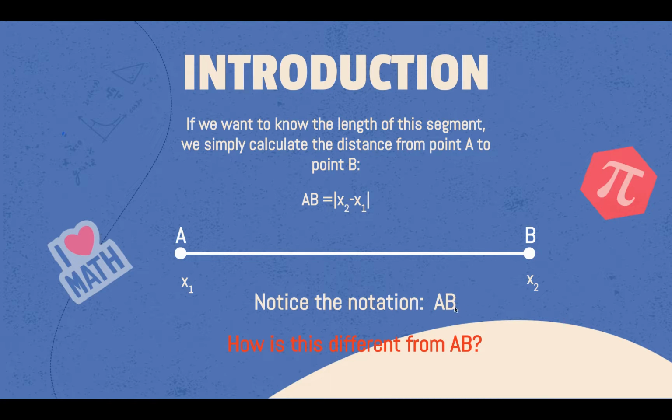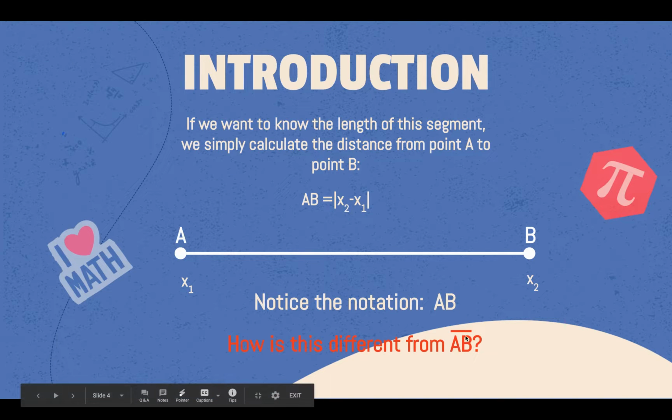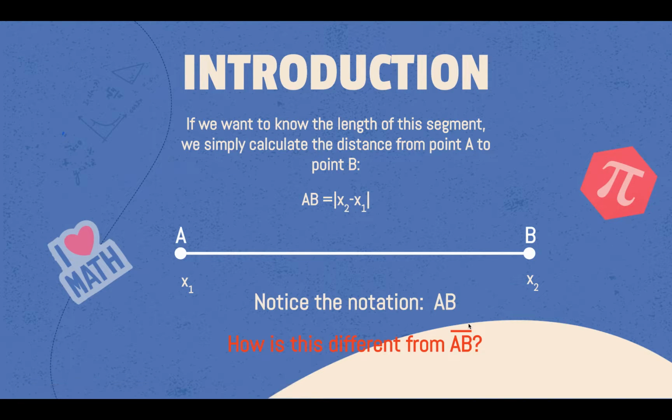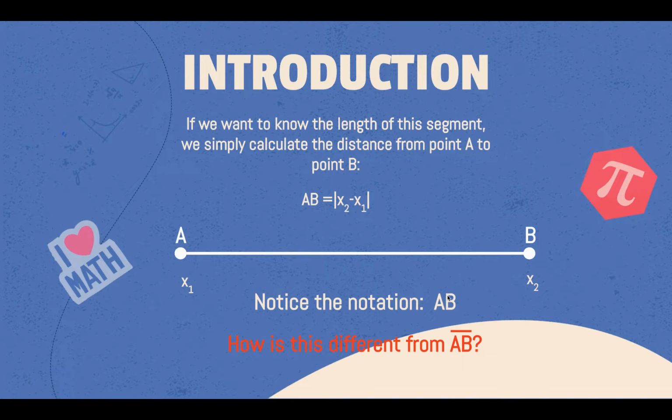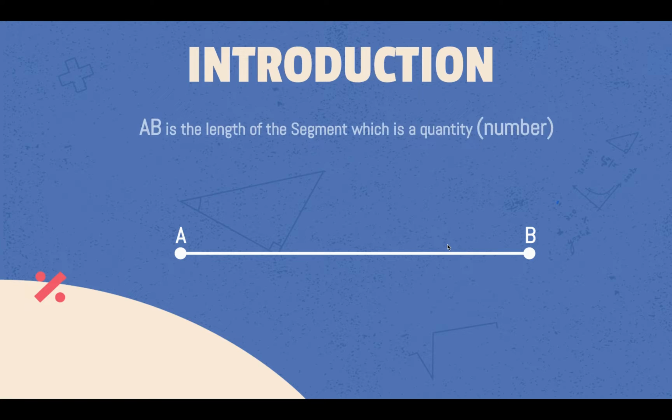So how is this notation different from this notation? What's the difference? Well, obviously, this segment AB has a line above it, and AB with no line above it is talking about something else. So what's the difference? AB with no line above it is the length of the segment, which is a quantity, a value, a number.